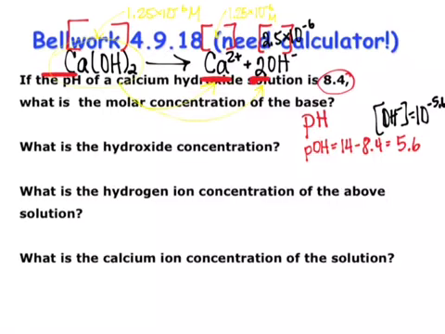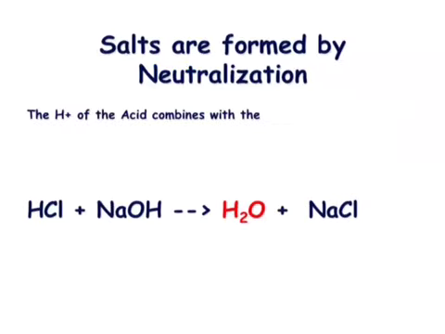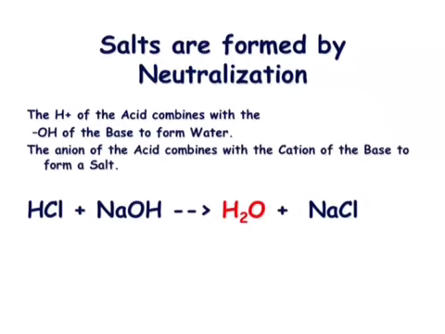All right, next. What we're going to talk about today is salts. Neutralization reactions. A neutralization, if I were to neutralize something, what happens? No positive, no negative. If I have an acid and a base, when I put them together, what happens is we get a neutralization. They cancel each other out, okay?